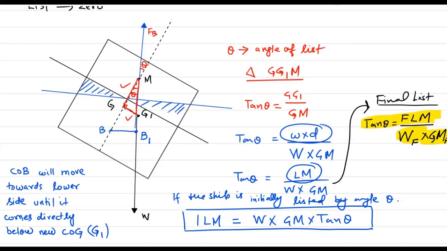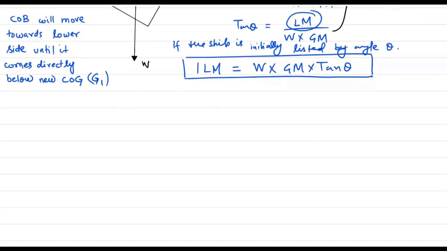Now you must have recalled that I am talking about a term called list moment and final list moment. Okay, let's try to understand this concept with the help of this simple seesaw. I think that will be helpful.